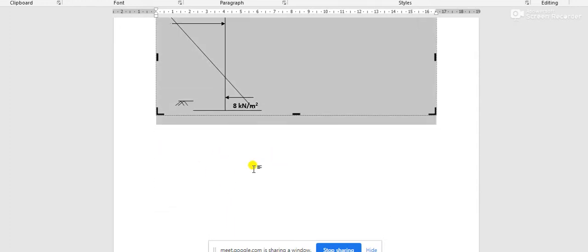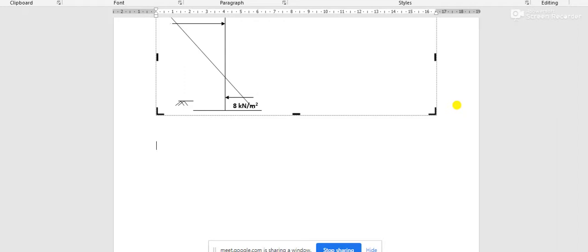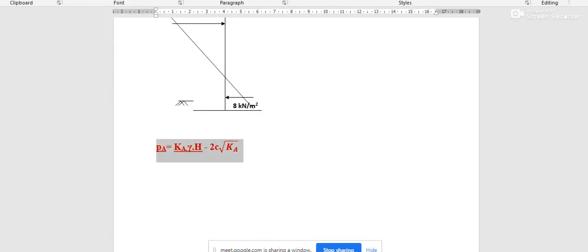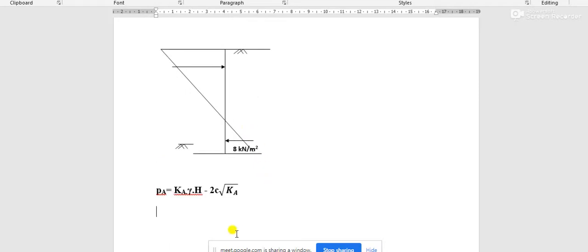From this equation we may derive one equation for the position of this point where the active earth pressure is 0.